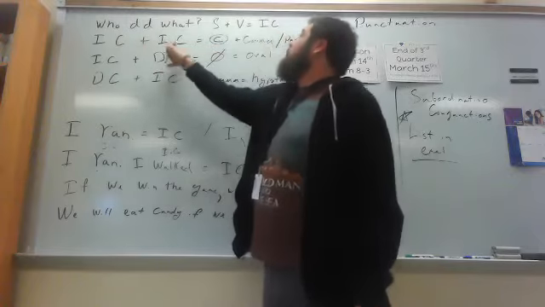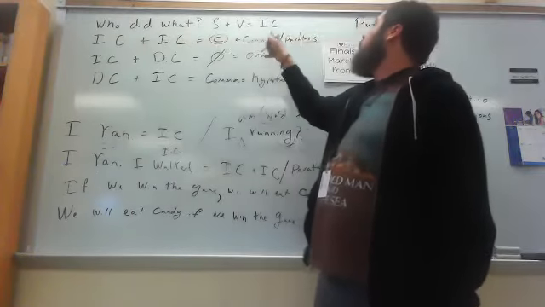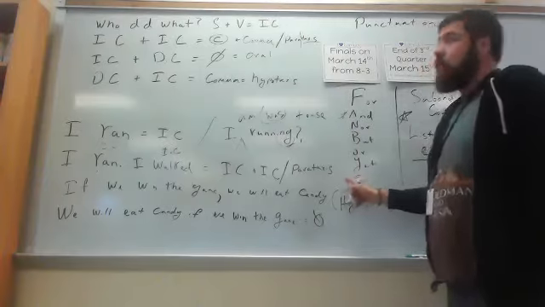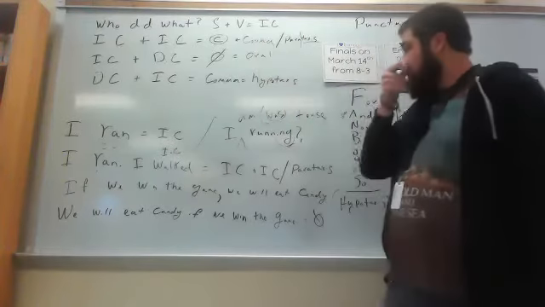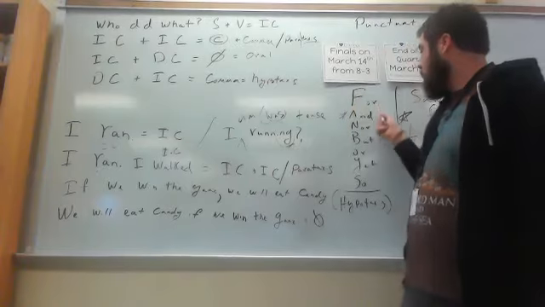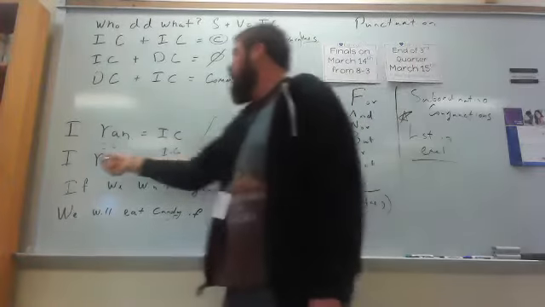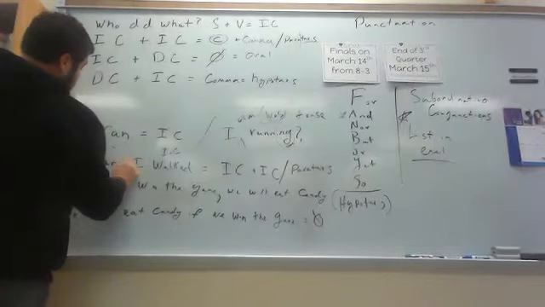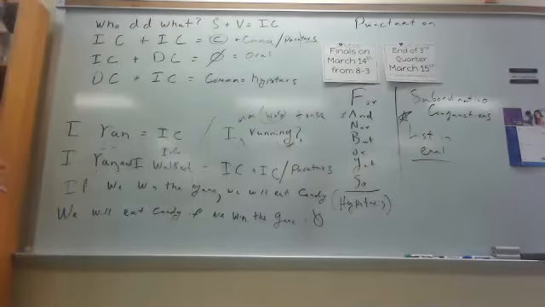An independent clause plus an independent clause, a comma, a coordinating conjunction, a fanboy, and a comma. So pick one for me, Louise. Which fanboy? Okay, let's do "and." We got to put a comma. I ran, and I walked.